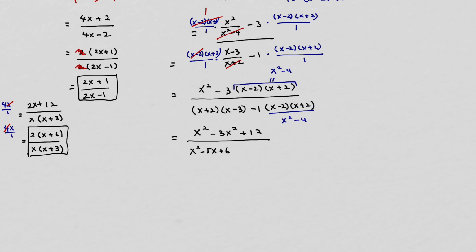And then when you distribute this negative into this difference of squares, you get negative x squared plus 4. Let's combine the denominator.